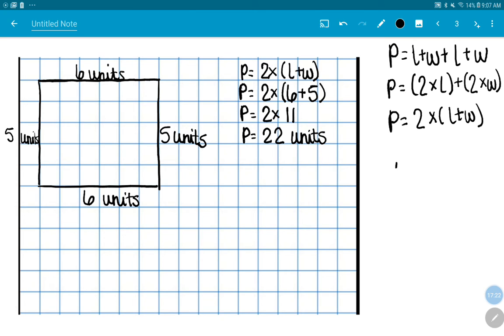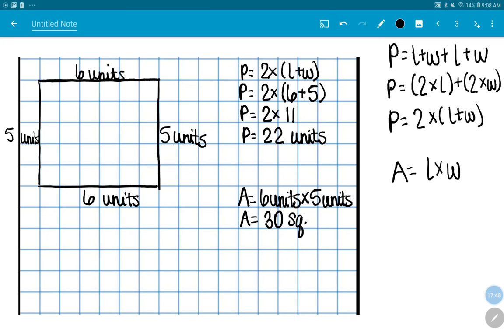If I find the area of that same rectangle, area equals length times width. My length is 6 units times the width, which is 5 units. And 6 times 5 is 30, so my area is 30 square units.